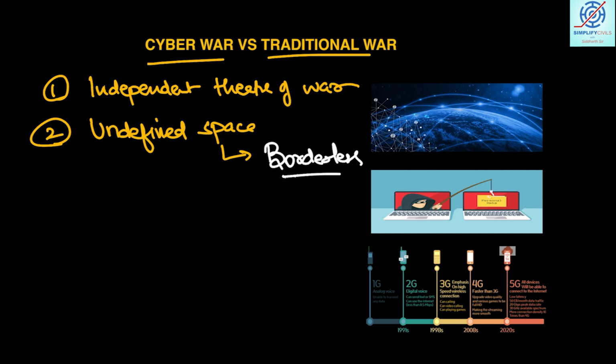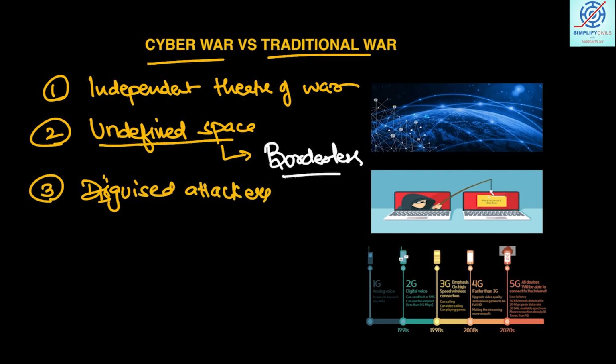There is no national boundary, whereas on land there will be a definite specific boundary, and likewise water, air, maybe space as well, but there is undefined space for cyber war. And third is the disguised attackers. Definitely the identity of the attackers can be anonymous and we are not sure of it.